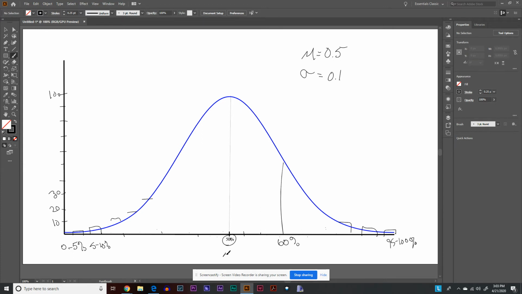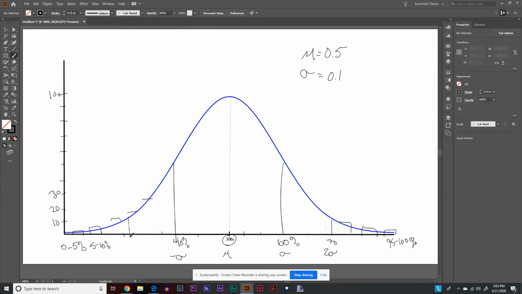So I might label this as mu, the mean. This is one standard deviation away. That also means that two standard deviations away is 70%. One standard deviation away in the negative direction then is 40%, right? So that's negative sigma.